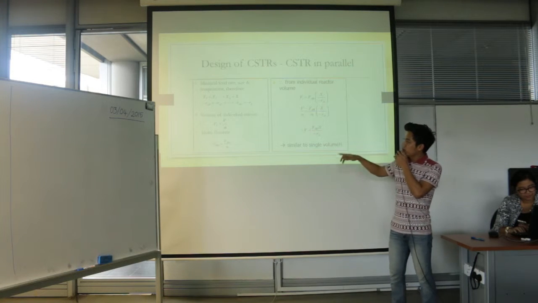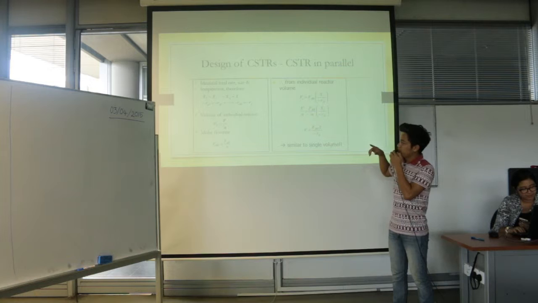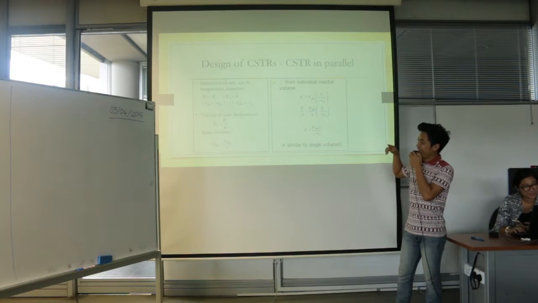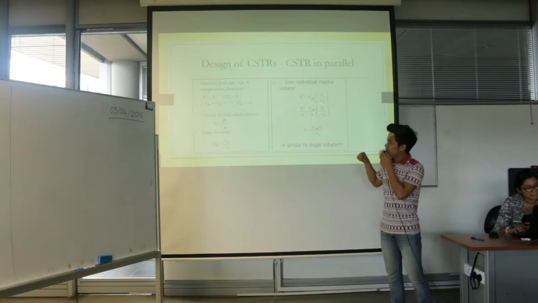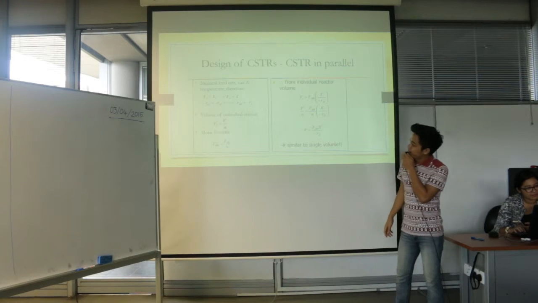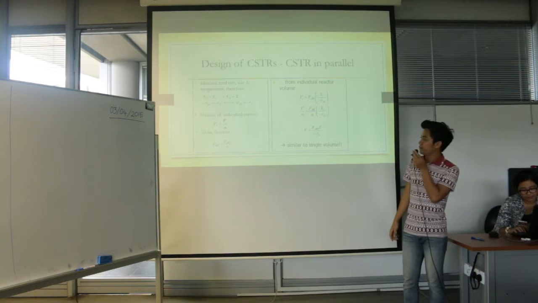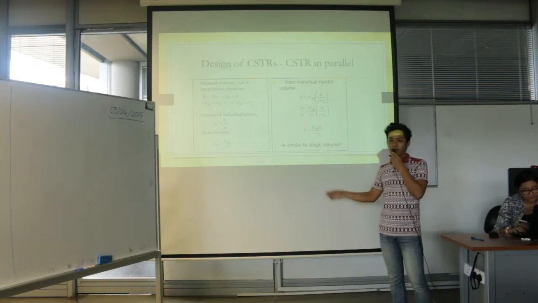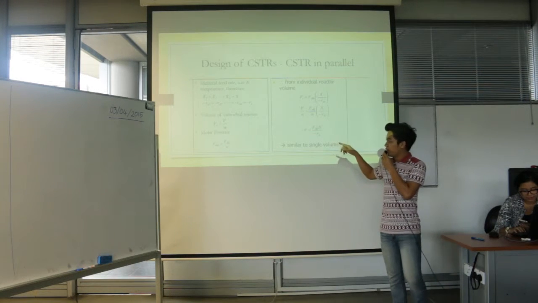Therefore, X1 equals X2 equals Xn equals X, and negative rA1 equals negative rA2 equals negative rAn. For the volume of an individual reactor, Vi equals V over n.